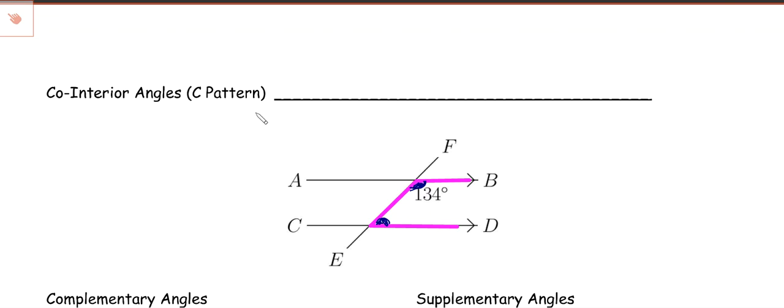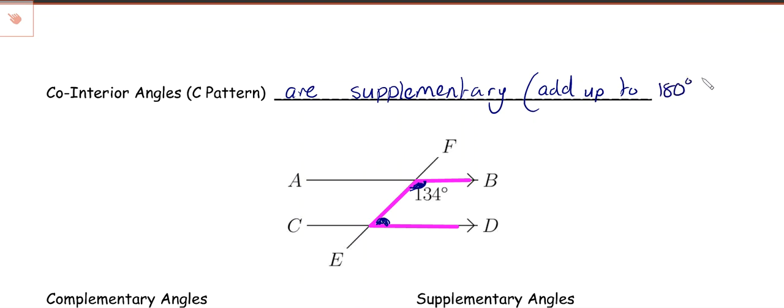What do you think? If co-interior angles are not opposite, they're not equal, so what does that mean? They add up to 180.